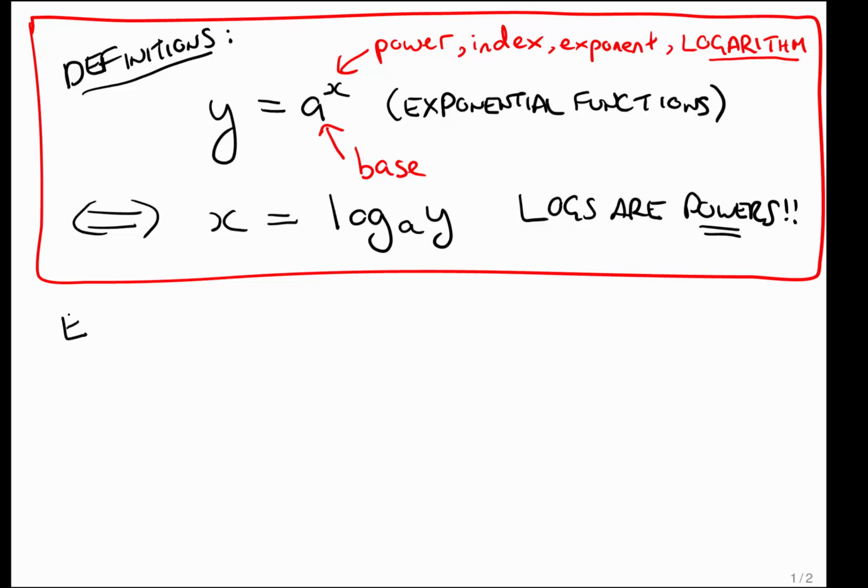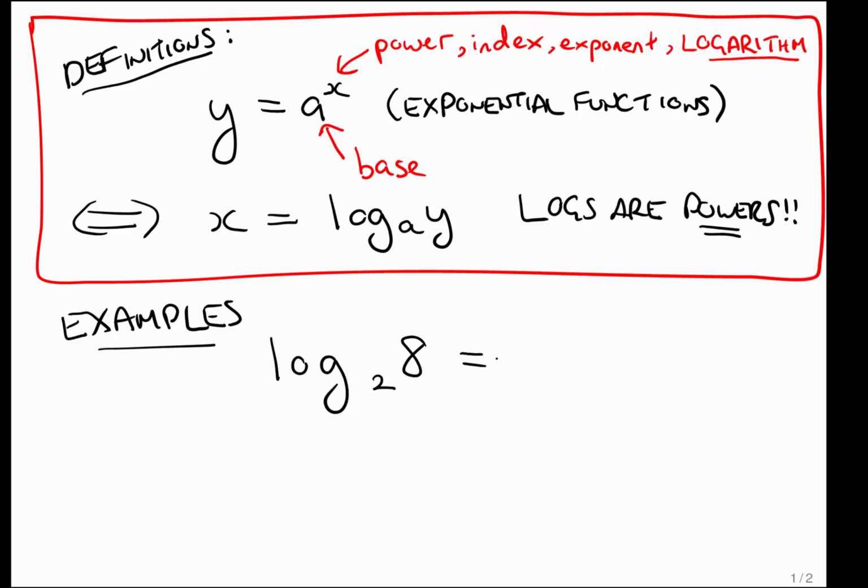Here are a few quick examples. The log of 8 to the base 2 is equal to 3, because 2 to the power of 3 is precisely what gives you 8. And here's another example.